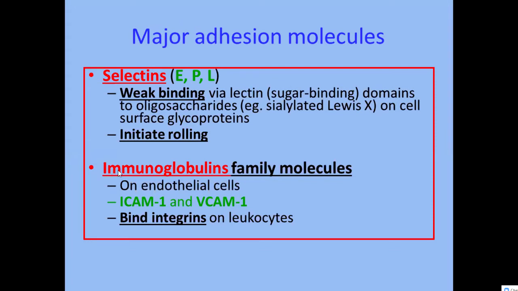And next, adhesion molecules are immunoglobulins, the natural antibody family molecules. These are present over the endothelial cells: ICAM and VCAM, two molecules which are present permanently over the endothelial cells.